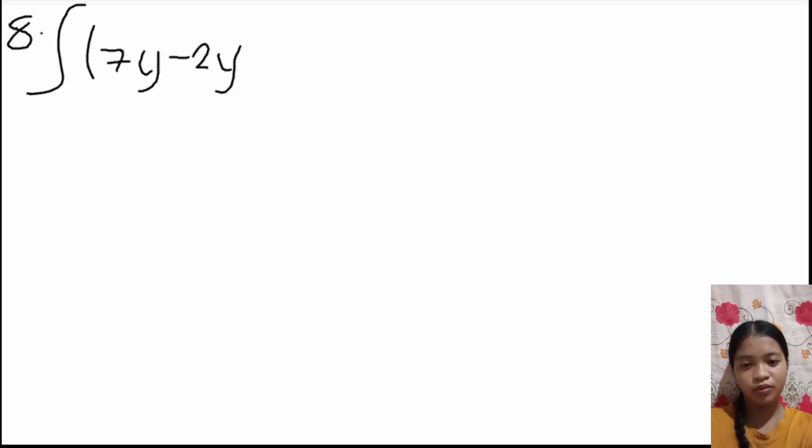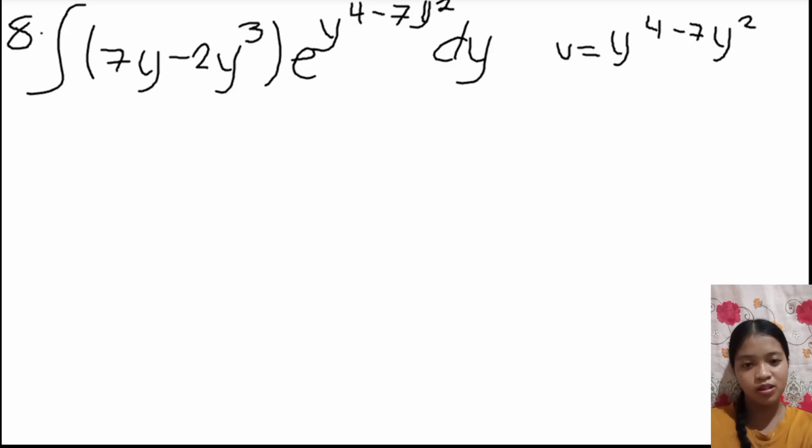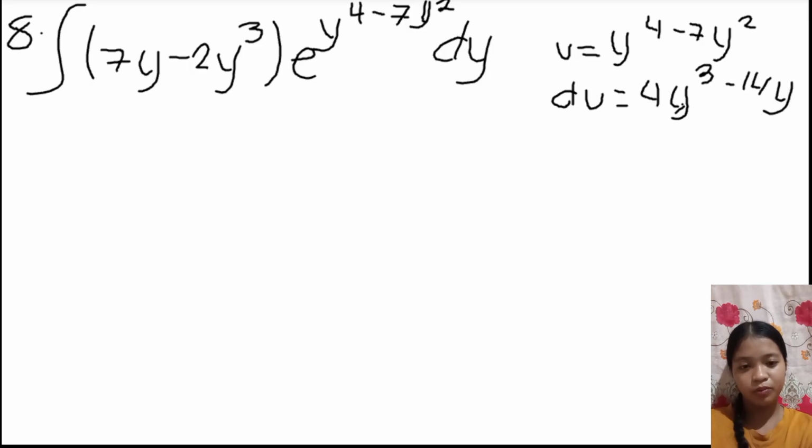So the next equation is the integral of the quantity of 7y minus 2y cubed times e raised to the power of 4 minus 7y squared dy. So again, we still have to get the u, and the u is the y raised to the power of 4 minus 7y squared.